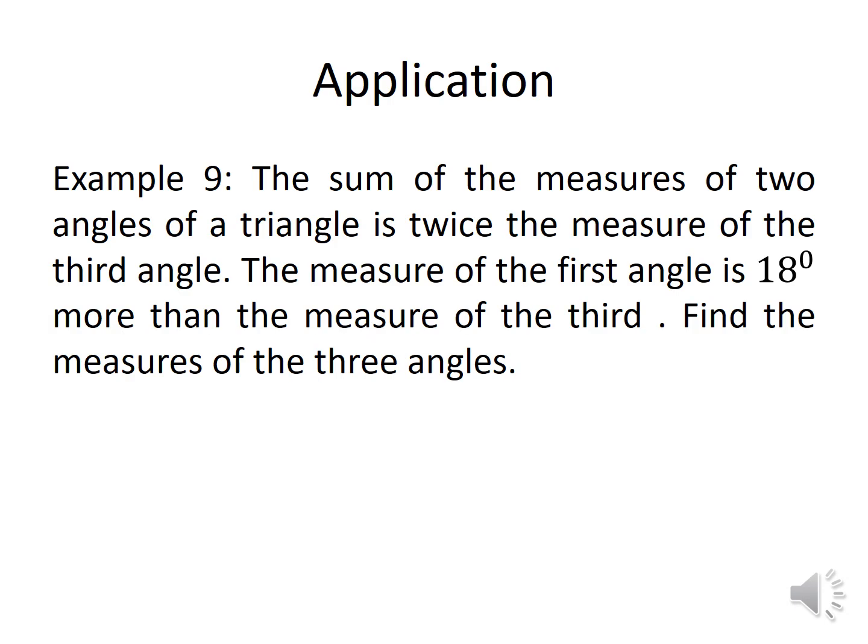Look at the last example. The sum of the measures of 2 angles of a triangle is thrice the measure of the third angle. This is the first information. The measure of the first angle is 18 degrees more than the measure of the third.